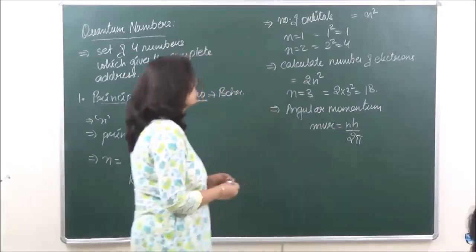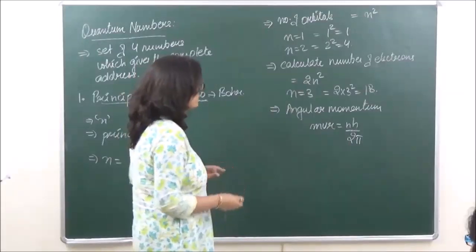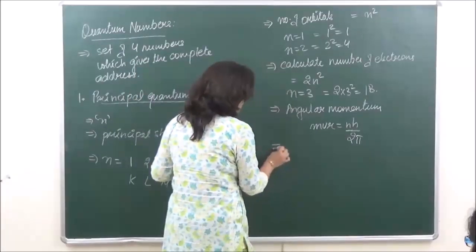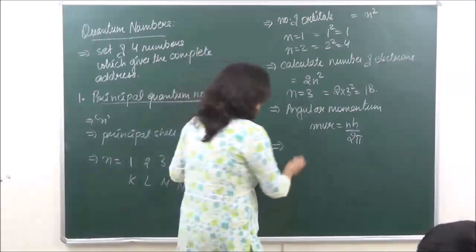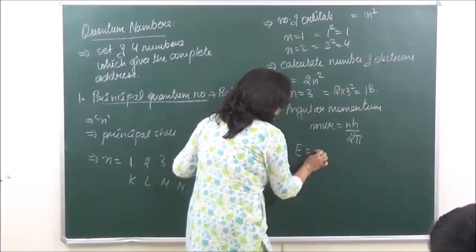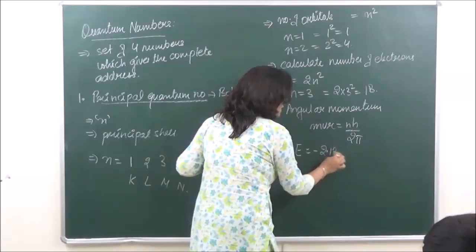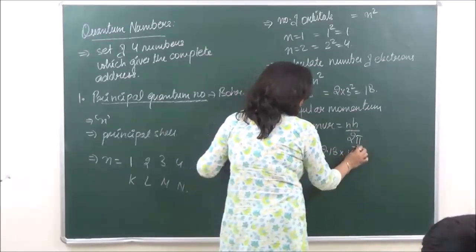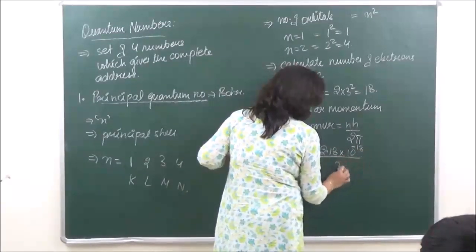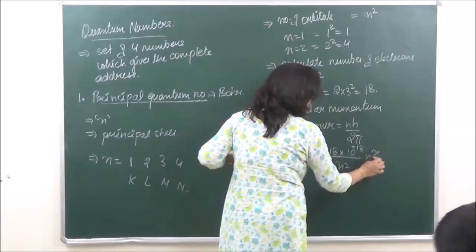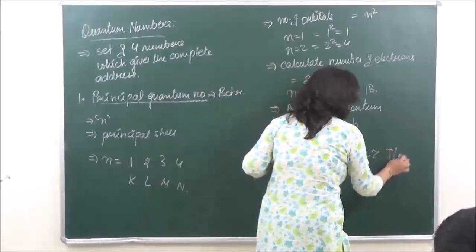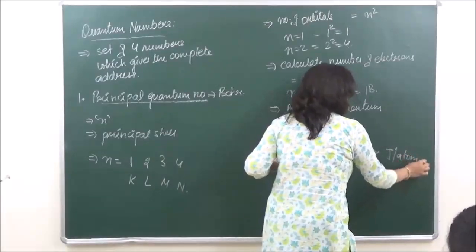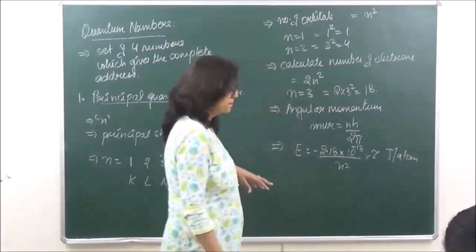Then this quantum number also gives us the energy associated with each electron. We have also done this before. The energy is equal to minus 2.18 into 10 raised to power minus 18 upon n square into z square, and the unit over here is joules per atom.